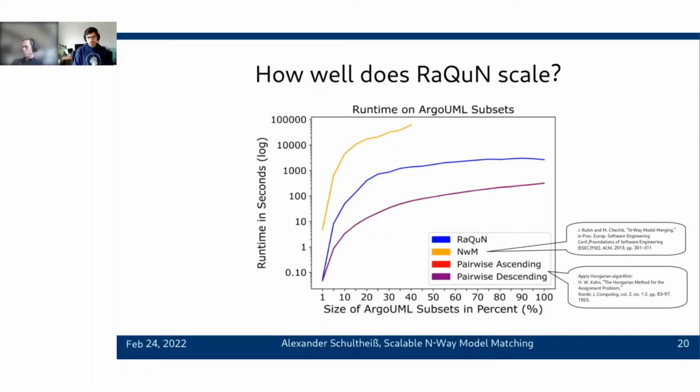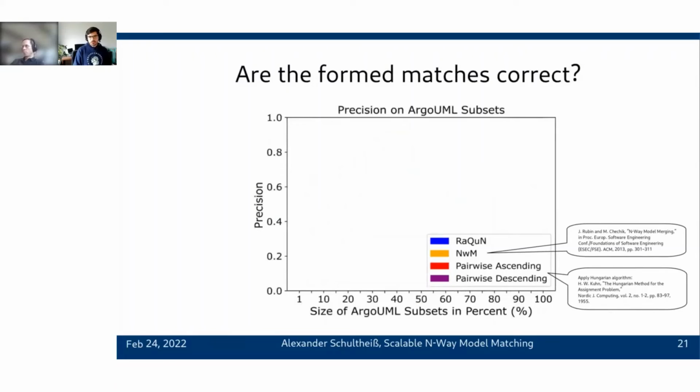So let's have a look at the precision and the recall of these matchers, because if pairwise and the n-way matchers are the same in matching quality, then we do not really need an n-way matcher. So are the formed matches correct? And here we see a decisive difference between the n-way matchers and the pairwise approaches. This is a problem of pairwise only considering two models at a time. So worse matches are formed, which makes it difficult to find better matches later on. And Raccoon and NWM show quite similar results in terms of precision.